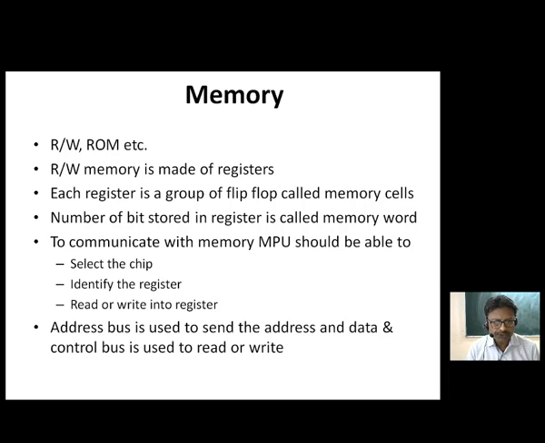Now we have various types of the memory which are being used with the microprocessor system, but basically these memories are categorized into two parts: primary memory and the storage memory or the secondary memory.